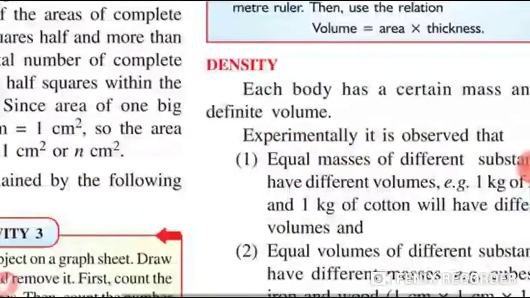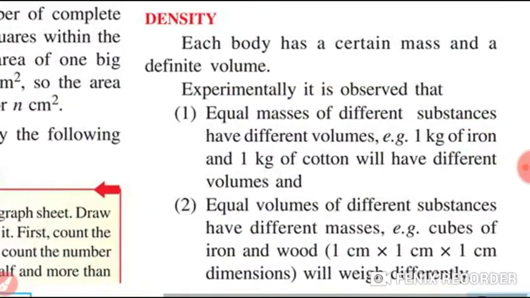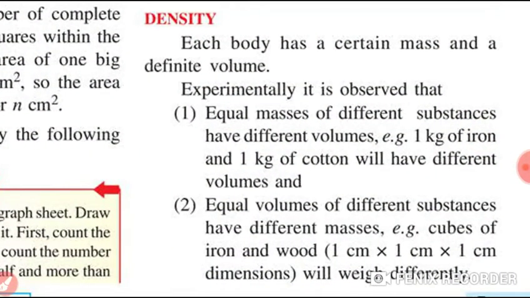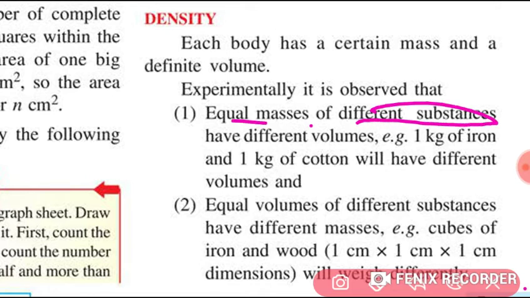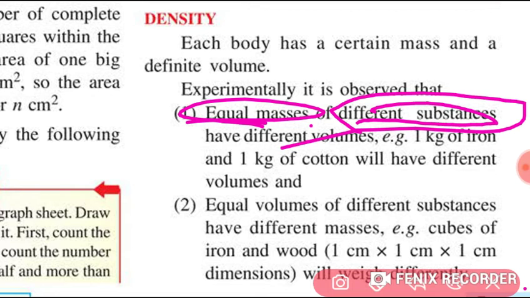Now we will study about density. Students, each body has a certain mass and a certain definite volume. Experimentally, it is proved that equal masses of different substances, students listen carefully, equal masses of different substances have different volumes.